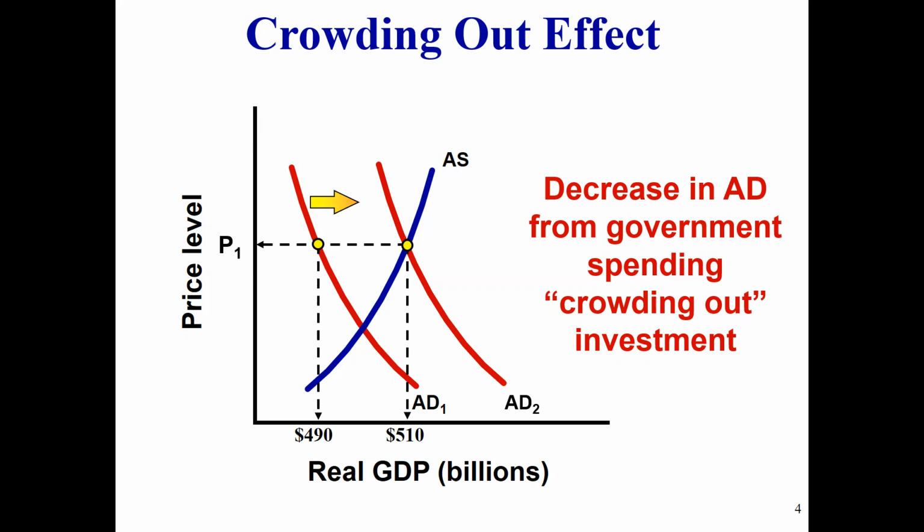However, when they call it deficit spending, which is government borrowing money to spend, when government goes and borrows money, it yanks up the interest rates in the banks. So interest rates go up. Now businesses don't want to borrow, so business investment goes down. And that's where you get AD kicking back a little, and that's crowding out.